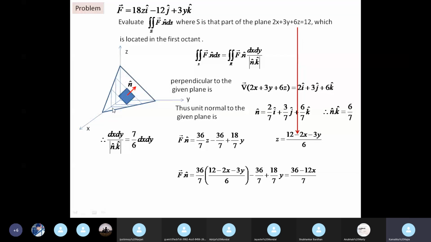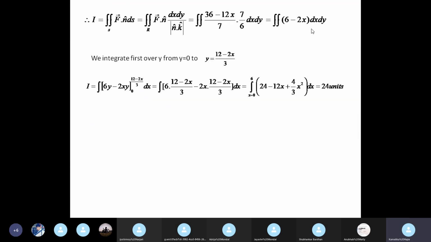As x goes from 0 to 6, y will reach like this. y will increase in this manner. So you have to choose. If you had chosen the y variable first, then as y would go from 0 to 4, x would have gone from x equal to 0 to 12 minus 3y by 2.